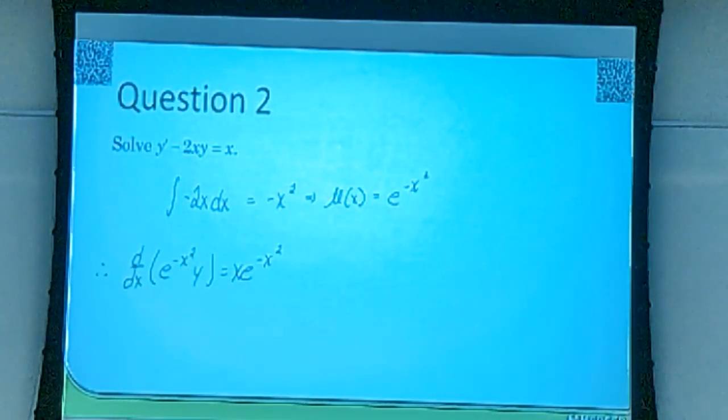First you find the simple antiderivative of capital P, and e to that power is your integrating factor. And e to the negative x squared times y would have to be that antiderivative. How would you evaluate that antiderivative?